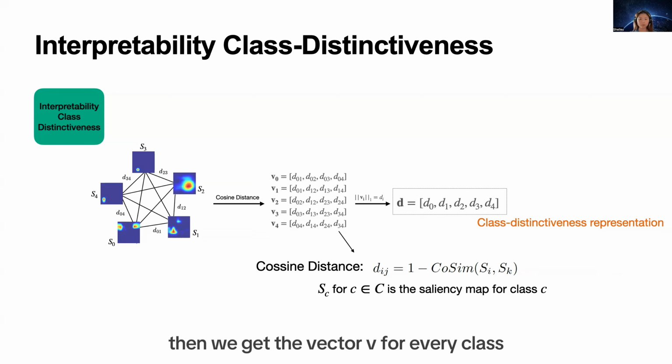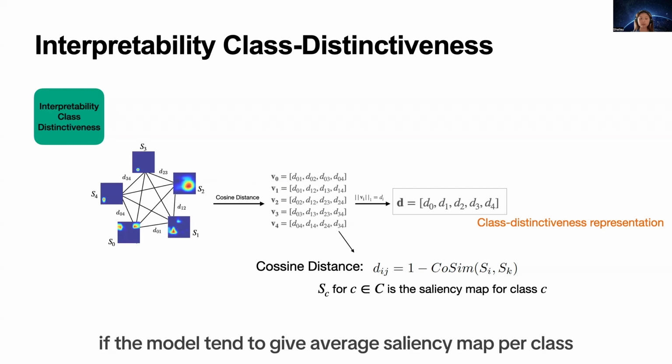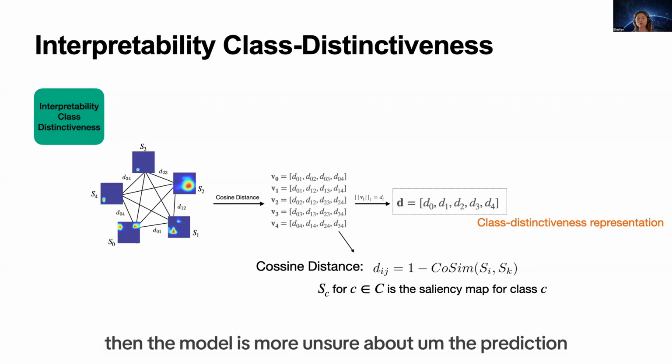Then we get the vector V for every class and sum the elements of the vector to obtain the class distinctiveness representation for every class. Then the higher the class distinctiveness, the more certain the model is towards the prediction. And intuitively, this means that if the model tends to give an average attribution map for all classes, then the model is more unsure about the prediction.